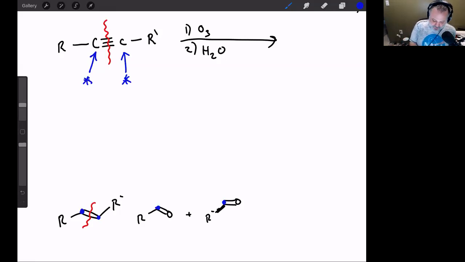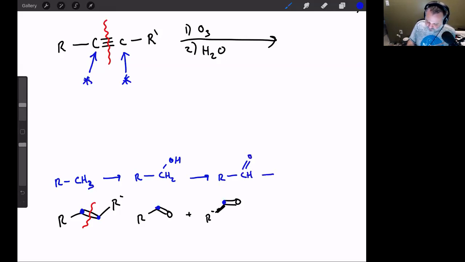And if you think about the range of oxidations for carbons, I can have a carbon that has no oxygen on it. I could have a carbon that has a single bond to an oxygen. I could have a carbon that has two bonds to an oxygen.